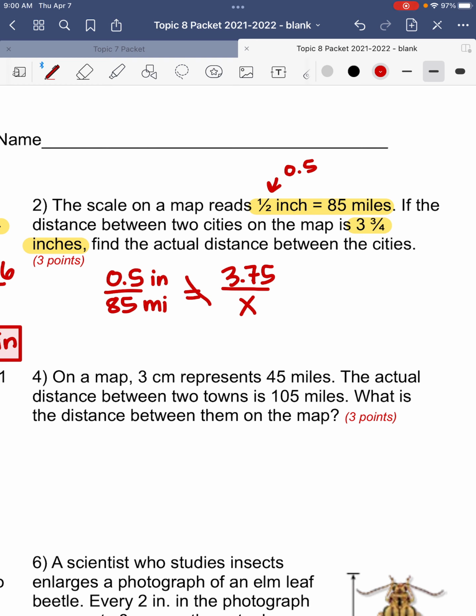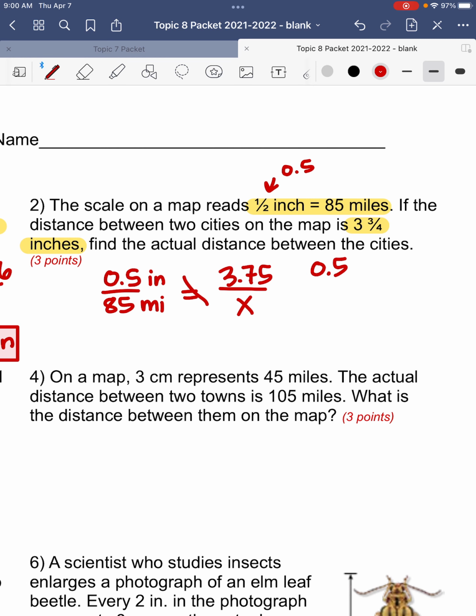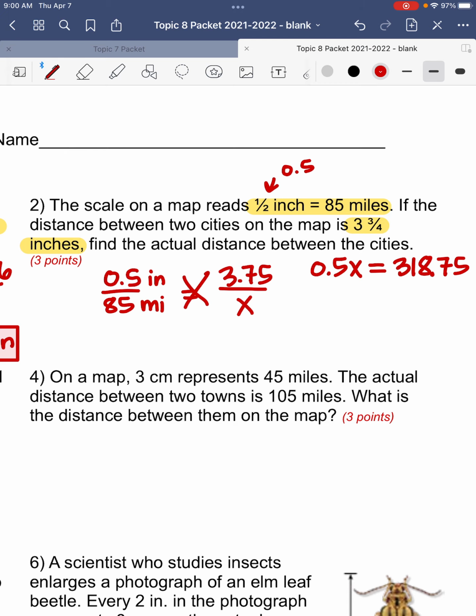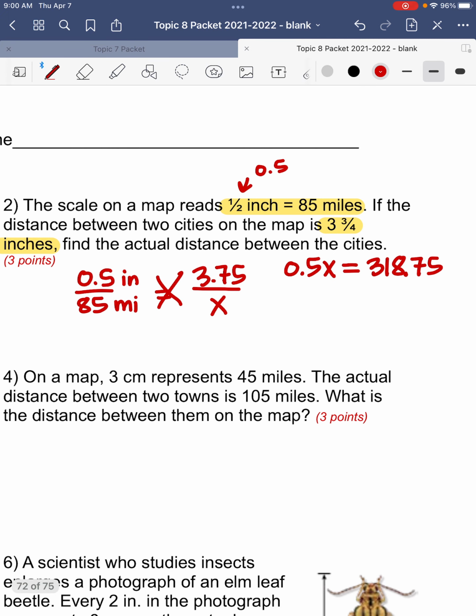So 0.5 times X is 0.5X. And I set that equal to 85 times 3.75. And if I put that into my calculator, I get 318.75. So now I'm ready to get that X by itself. To do that, I need to divide by 0.5 on both sides.